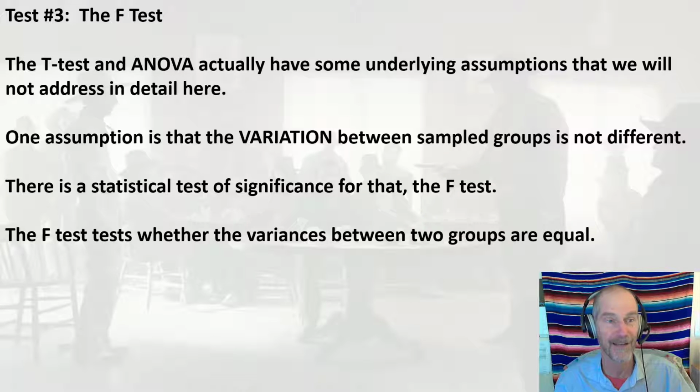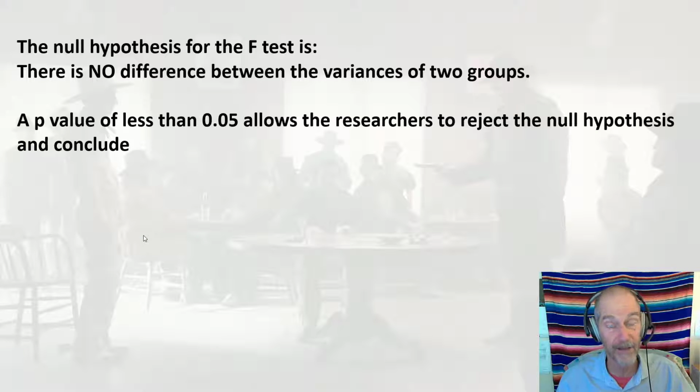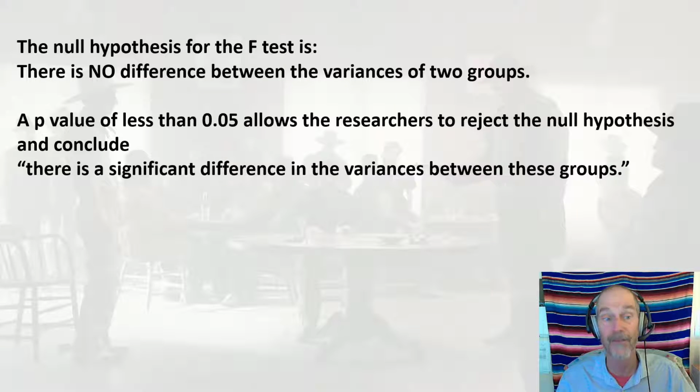And the null hypothesis for the F-test is there's no difference between the variances of the two groups, or not a significant difference. So a p-value of less than 0.05 allows the researchers to reject that null hypothesis and conclude there is a significant difference in the variances between these groups.